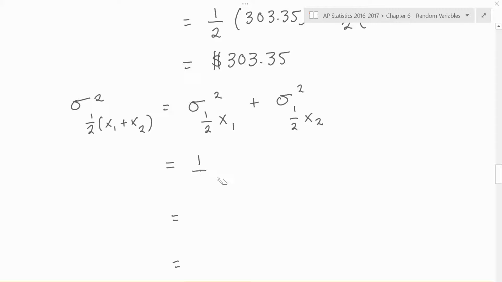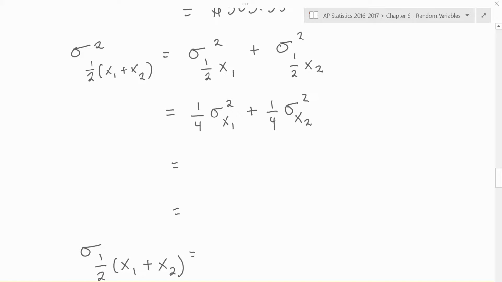We saw in class when we looked at distributions that when we multiply each value in the distribution by a constant, we multiply the variance by the square of that constant, which is why I'm writing this as 1/4 instead of 1/2. I'm writing 1/4 of the variance of x1 plus 1/4 of the variance of x2.